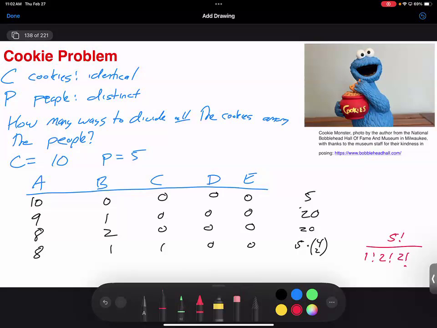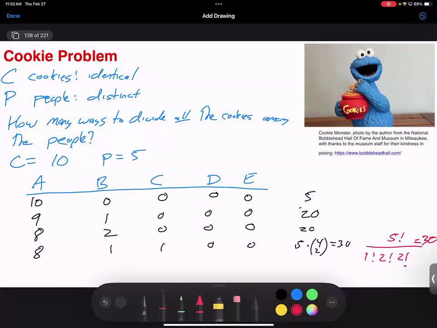So 4 choose 2 is the same as 4 times 3 over 2 times 1, which is 3 times 2, which is 6, times 5 is 30. And then 5 factorial over 2 factorial is 5 times 4 times 3 divided by 2, which is 5 times 2 times 3, which is also 30. So maybe the number of arrangements is related to these multinomial coefficients.